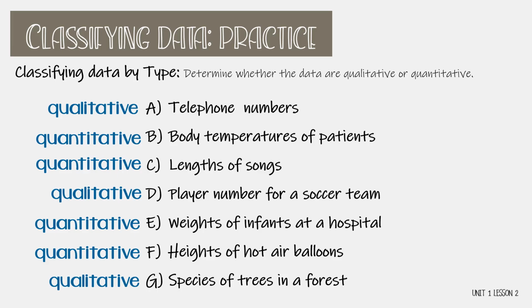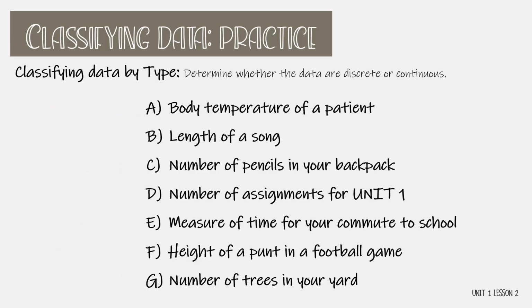Let's go on. Now we have the same kind of thing, but we're determining whether they're discrete or continuous. So they are quantitative, and we have to identify it further. Body temperature of a patient is continuous. That's something that's measured. Like the length of a song is also continuous. Number of pencils in your backpack is countable, so that's discrete.